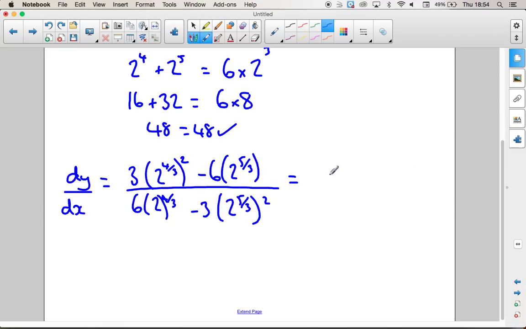Which it is. So I don't need to work out the bottom bit. I know the top bit's 0, so it doesn't matter what's on the bottom.